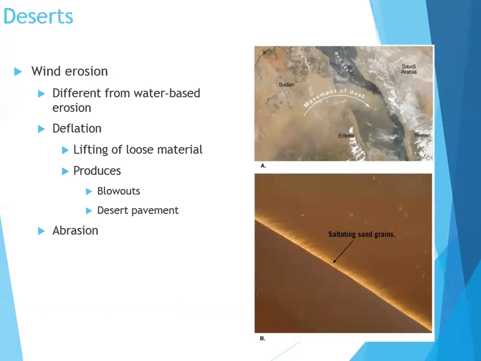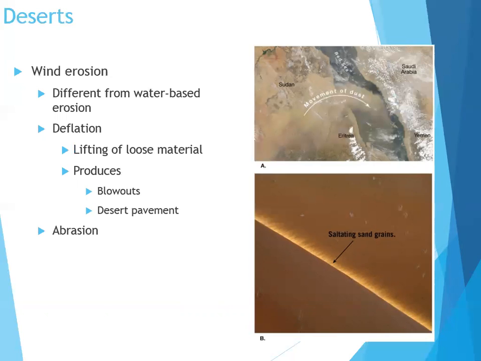The fine particles are generally the ones that are picked up and moved. The heavier ones may be rolled along the bottom by the wind, still calling that idea bed load as we did in the stream. But it's still going to be different from water, because wind has a pretty low density.